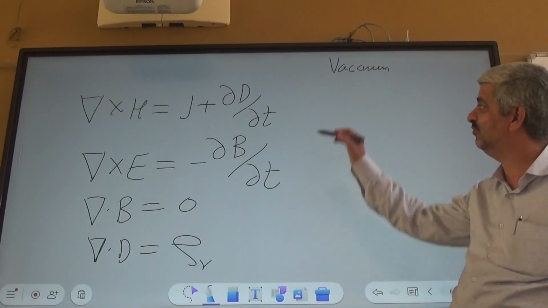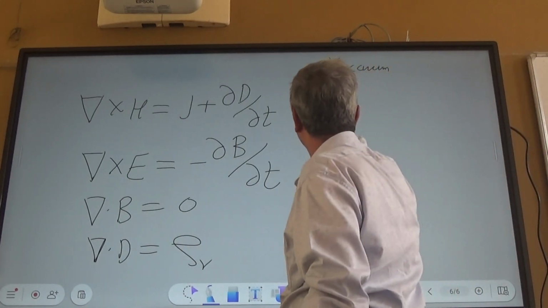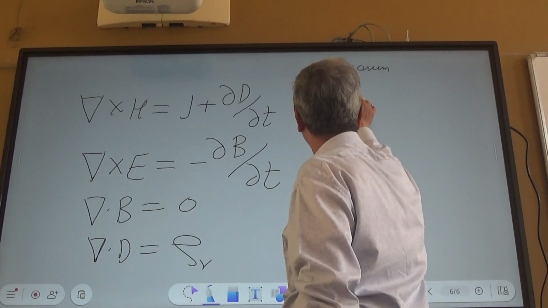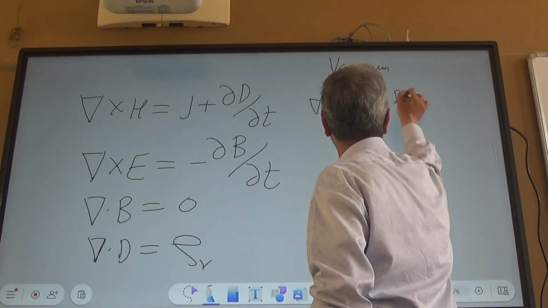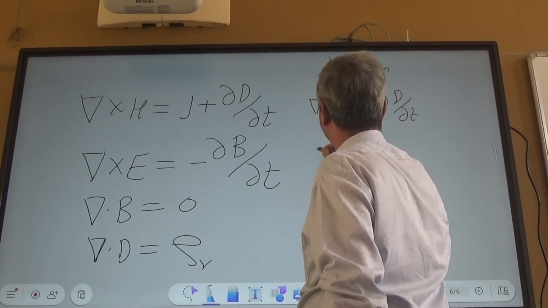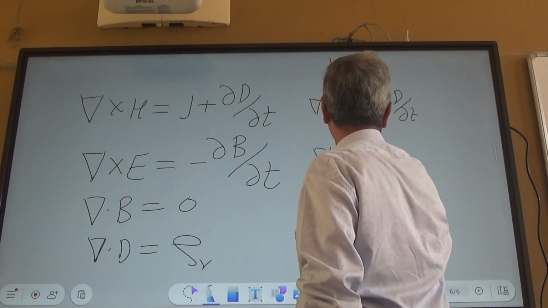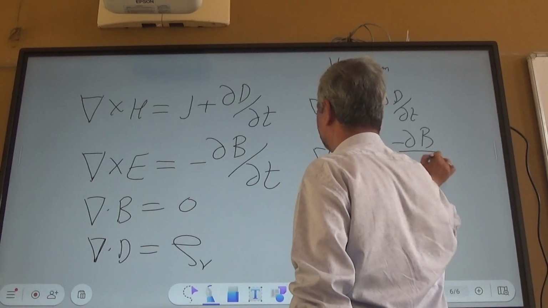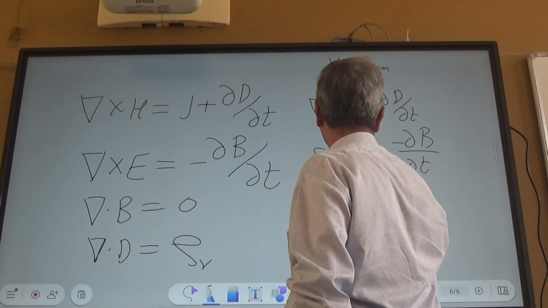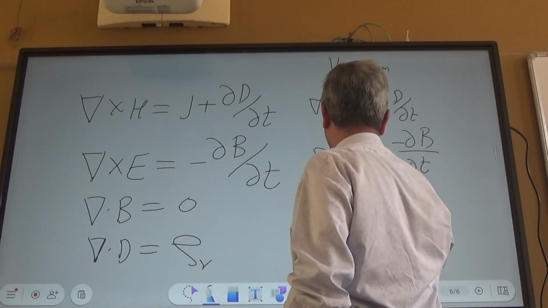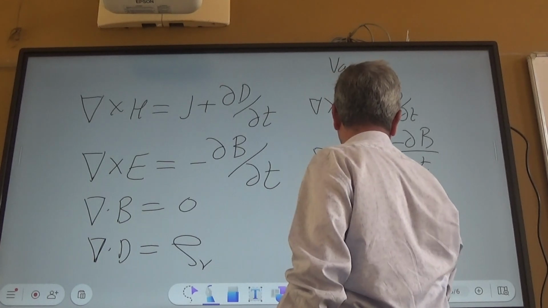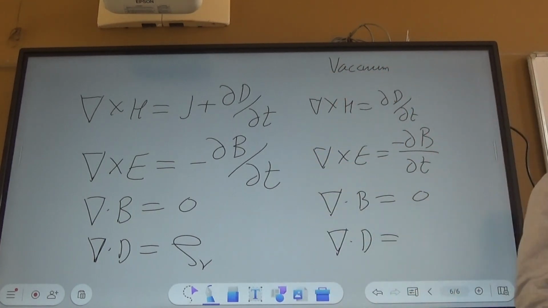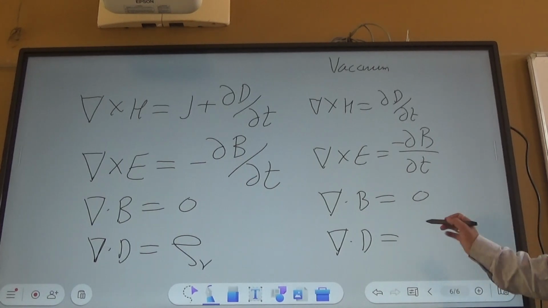So this becomes del cross H equal to dD by dt. Del cross E is equal to minus dB by dt. Del dot B equal to 0. Del dot D in vacuum, what will happen? In vacuum, no charge can be there. This is like vacuum also.